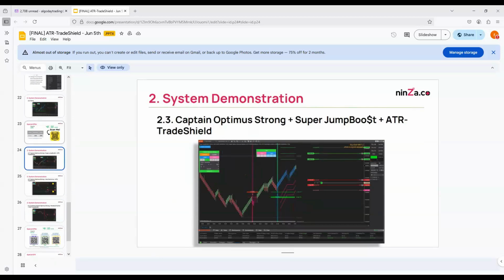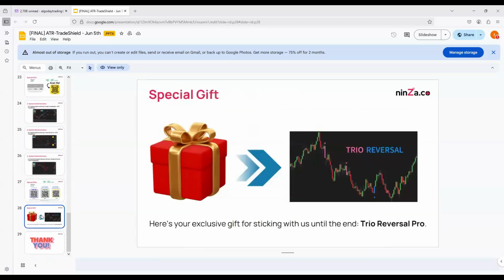Yes, so if anyone here is from NINZACO, could you type how they would get the gift? Because I don't know how they would get the gift. But you can always contact their support. They will respond.